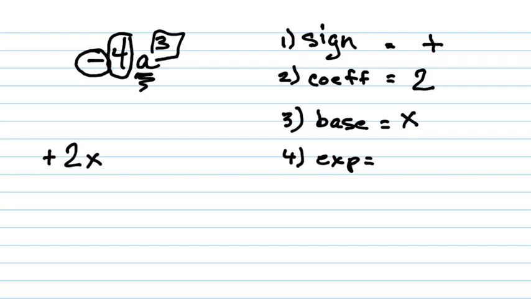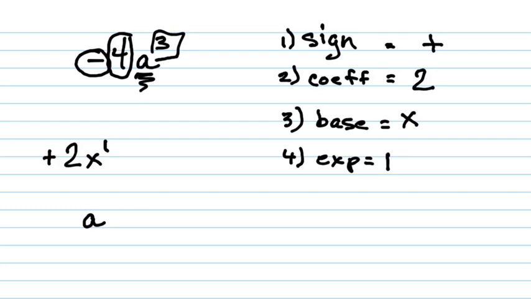Excellent. And it also has to have an exponent. Is it 1? Yes. If you don't see an exponent, you always assume an exponent of 1. Okay? So the exponent is 1. So sometimes you're going to have pieces of a term that don't look like they're there, and you assume that they're there. Let's do this one.